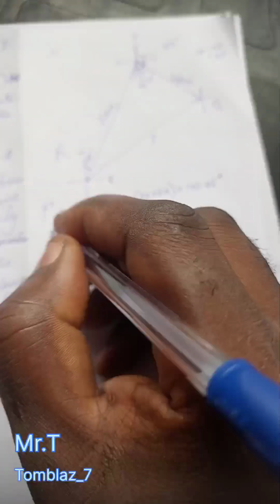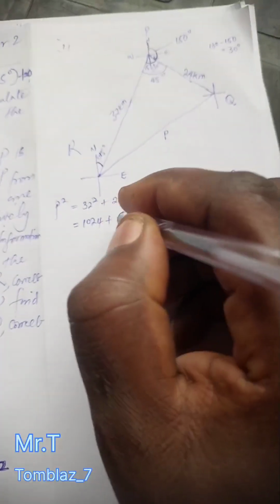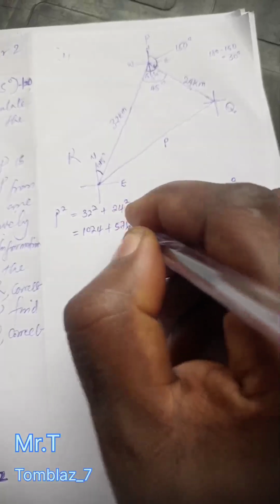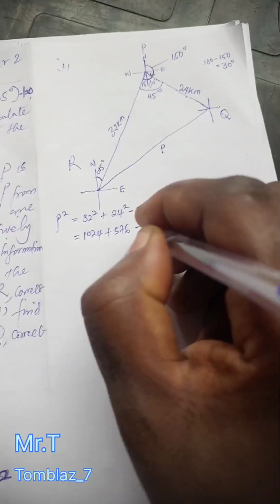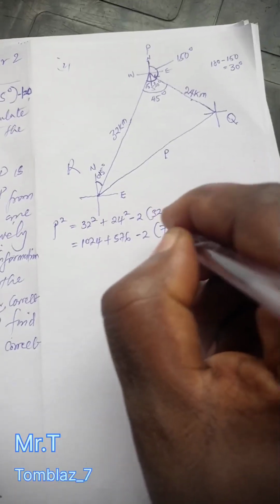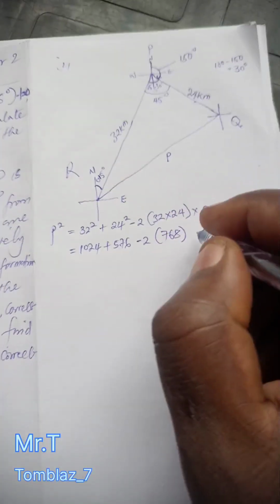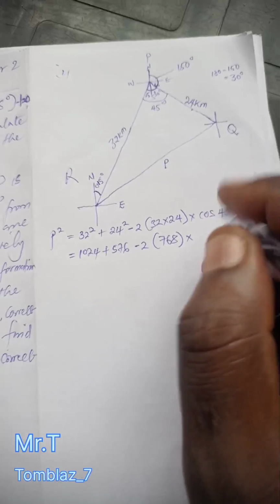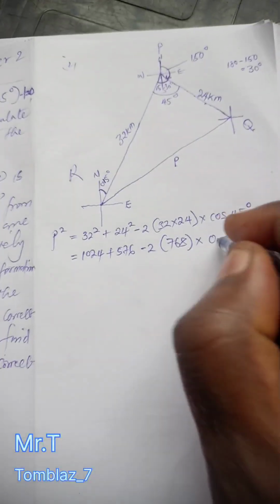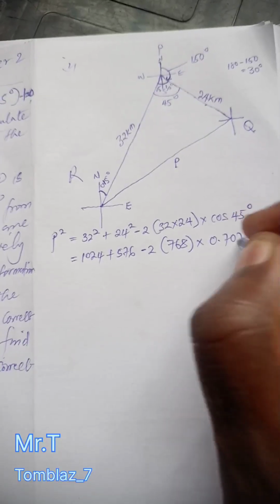Okay, so this is going to be equal to 32 square will give you 1024 plus 24 square will give you 576 minus 2 times 32 times 24 will give you 768 times cos 45 is 0.7071.